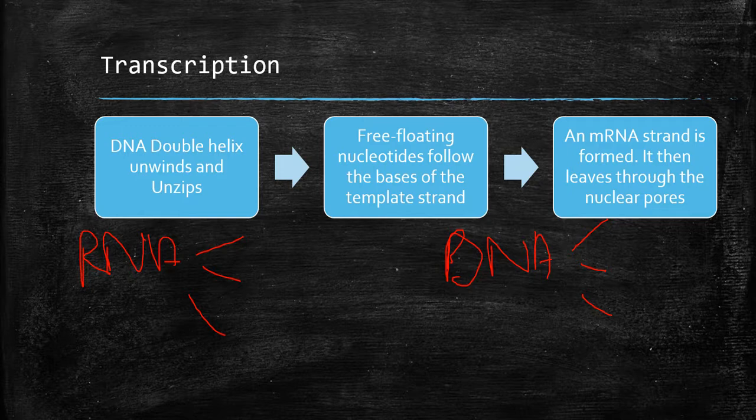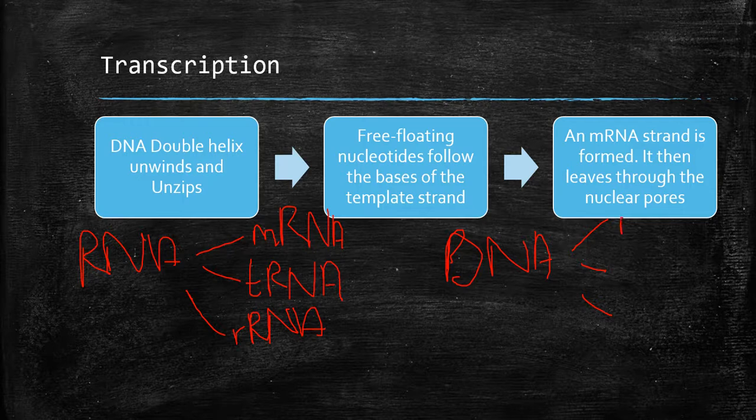Now the types of RNA we have are mRNA, another type is tRNA, and the other one is ribosomal RNA. Then DNA, we have nuclear DNA, which I mentioned.